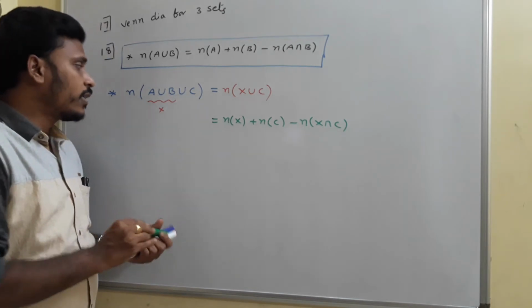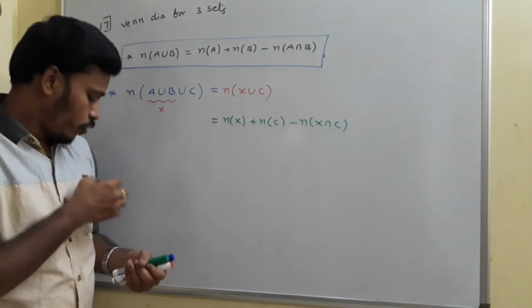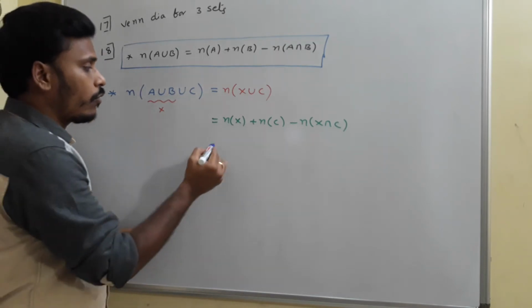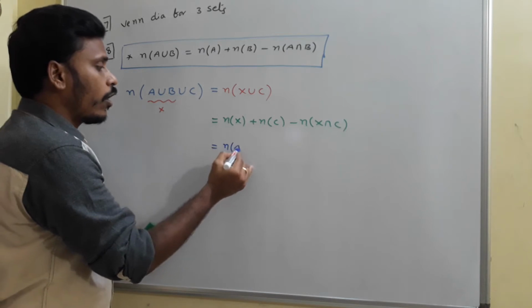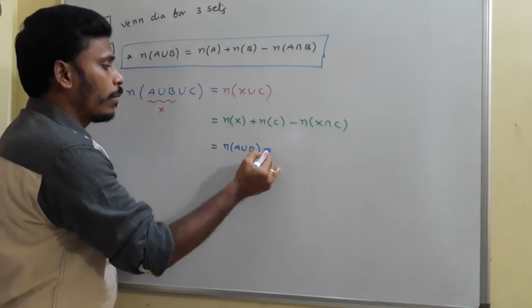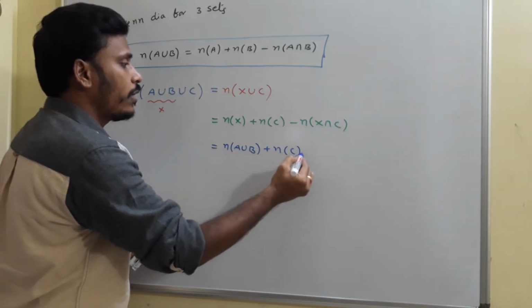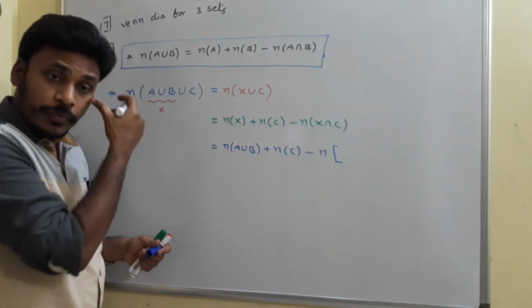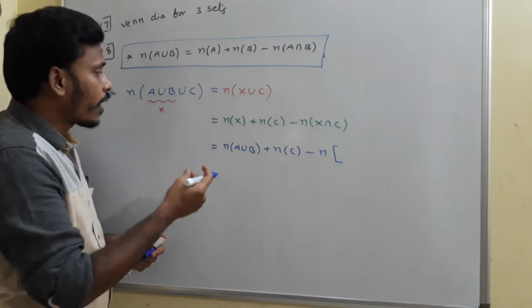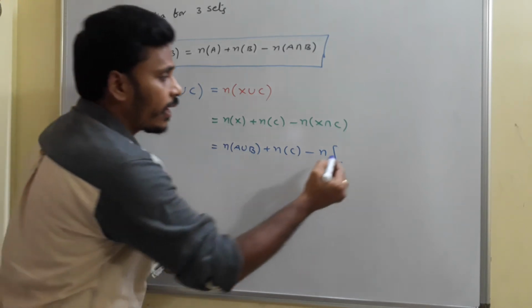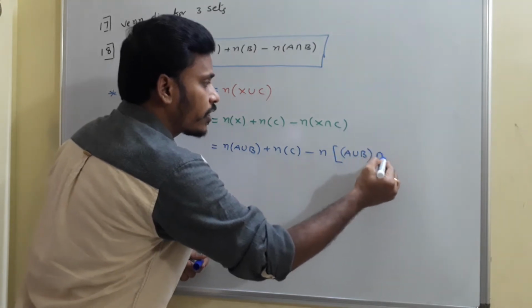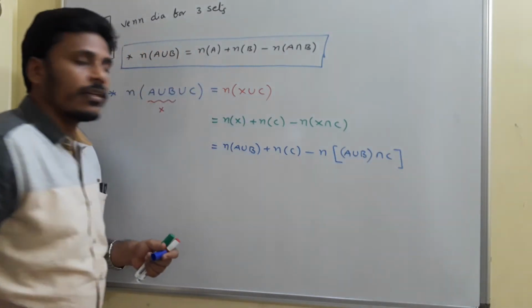But what is x? We considered that x is simply A union B, so you just replace that x with A union B now. So this is equal to n of A union B plus n of C minus n of x intersection C. Is it right? x intersection C, where x is A union B, means A union B intersection C. Is it clear?